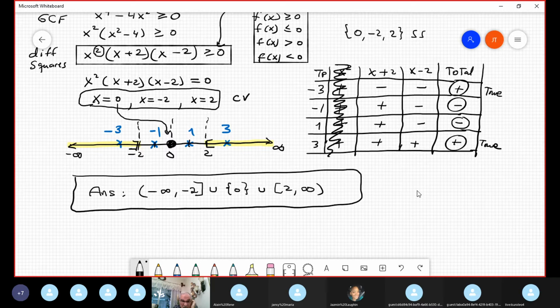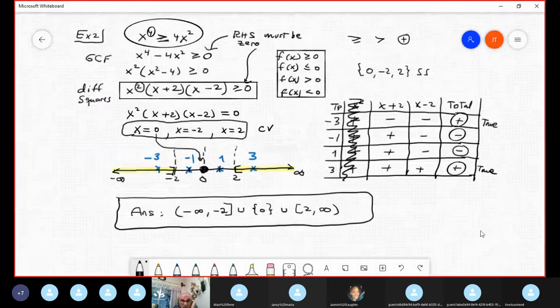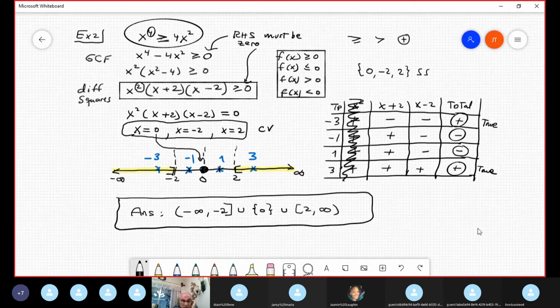So in this example, you see important details. Number 1, to solve any inequality of this type, we need to make the right-hand side 0. Number 2, when you face one factor whose exponent (multiplicity) is even, like 2 or 4, we can delete it because it is always positive, and the positive does not control the total sign.